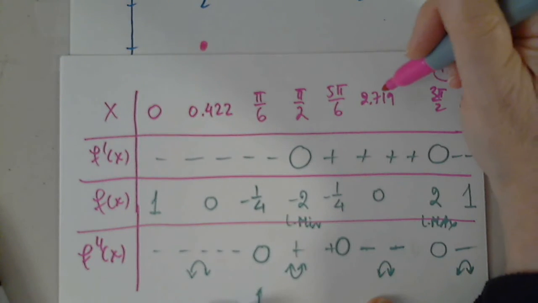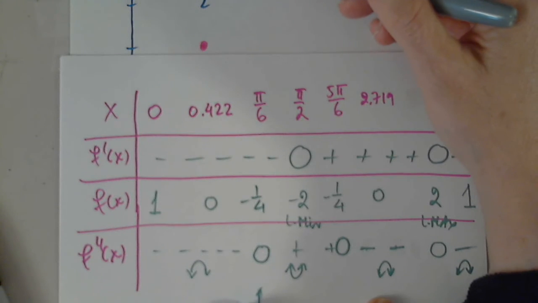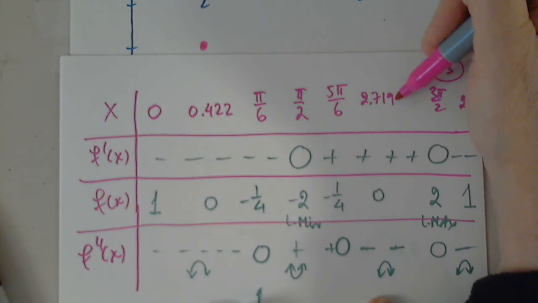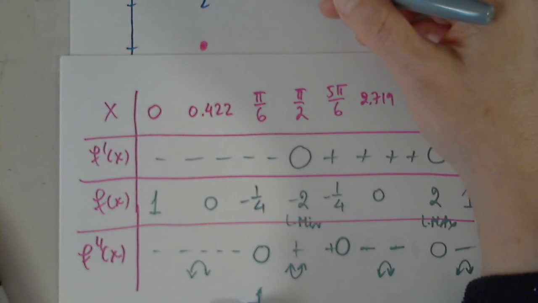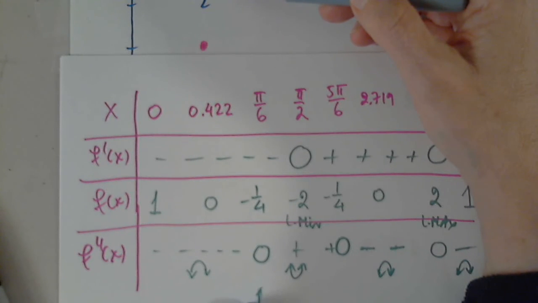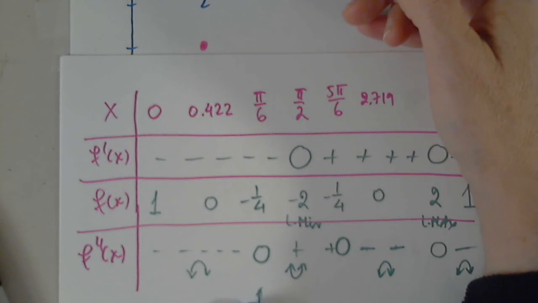At 2.71, which is before pi, this is 3.14, this is 2.71. So this is pi over 2, 5 pi over 6. This is 6 pi over 6.